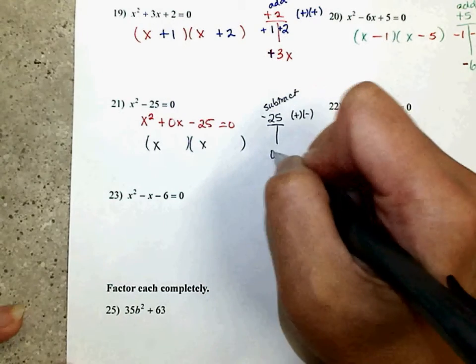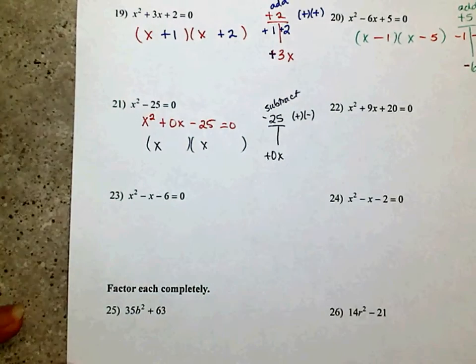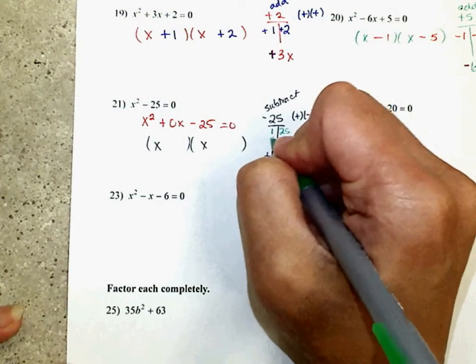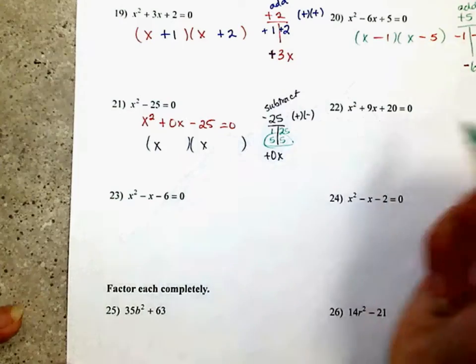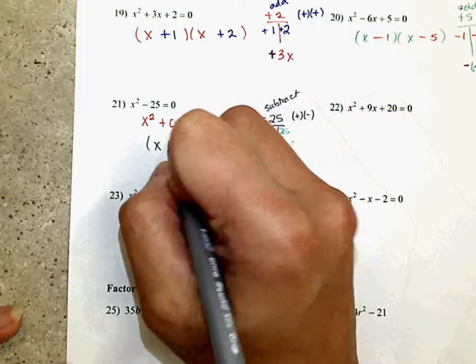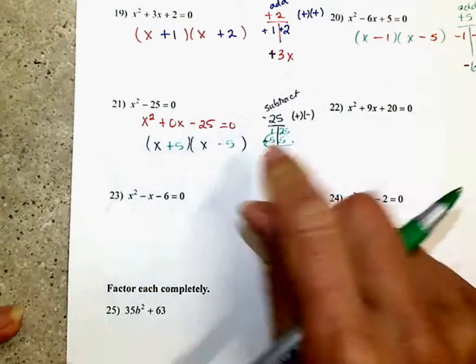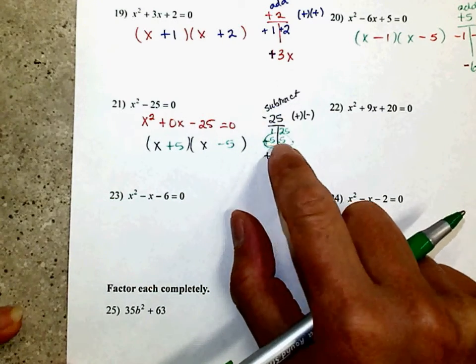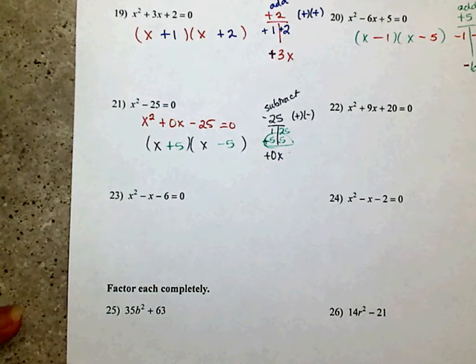And I want them to subtract to give me 0. So what are those 2 numbers? Well, you got 1 and 25, 5 and 5. 5 and 5 are the only 2. 1 has to be plus, 1 has to be minus. 5 times negative 5 is negative 25. 5 minus 5 is 0. Dual purpose. Okay.